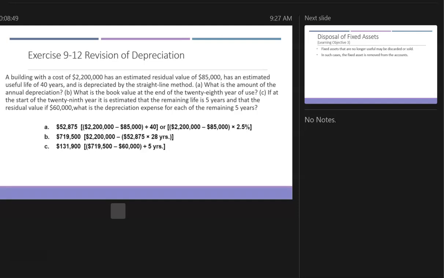And what is the depreciation expense for each of the 5 years if we only think there's a 5-year life? $131,000 a year. Yes? Is the residual value basically how much you think it's going to be when it's no longer operational, like when it's just like scraps? Correct. And it's an estimate.